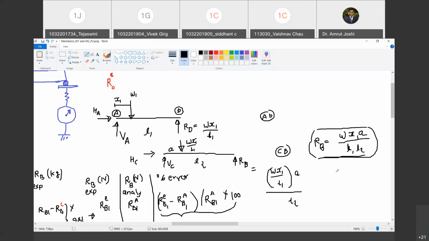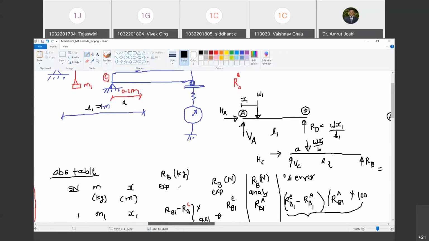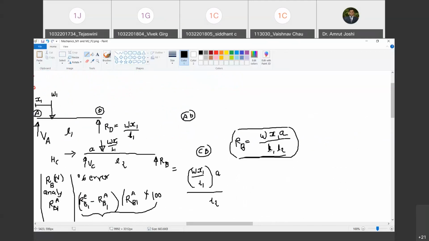Happy? Yes, sir. Now the write-up that you will see has a spring balance provided here in my explanation. In the write-up, the spring balance is provided here. So you will be experimentally finding out this value RC instead of RB, and then the expression also will change accordingly.